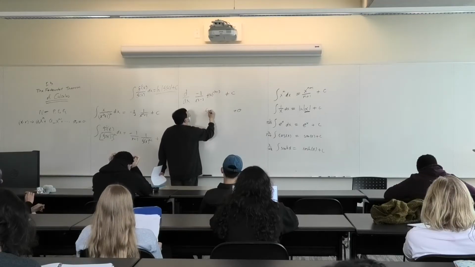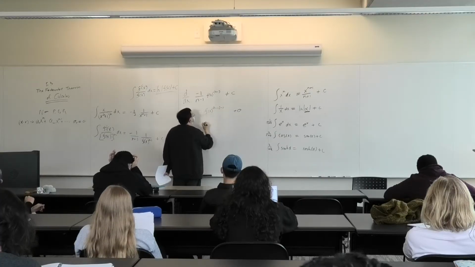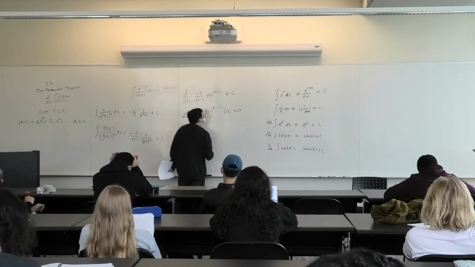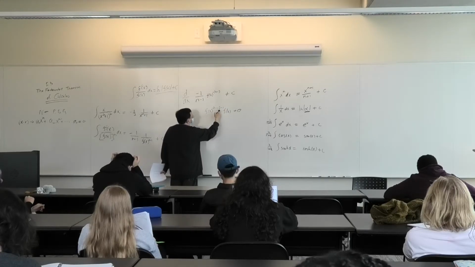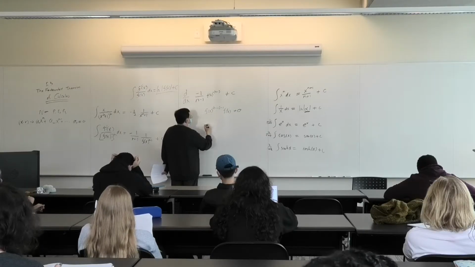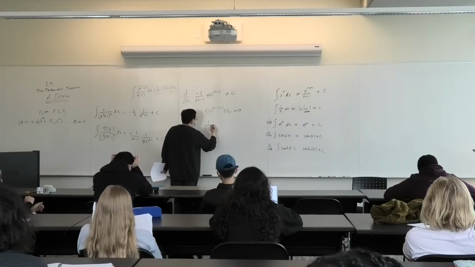So it'll be f of x to the negative (n minus 1), minus 1, times the derivative of the inside, so it's negative n minus 1, just 1 over f of x to the n.